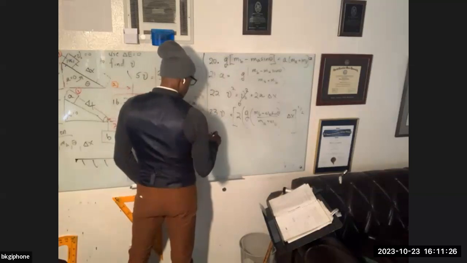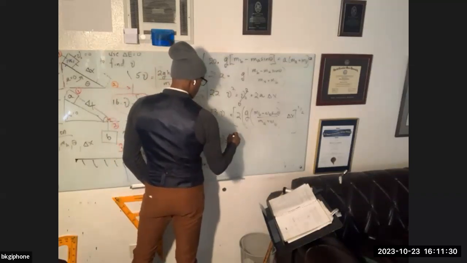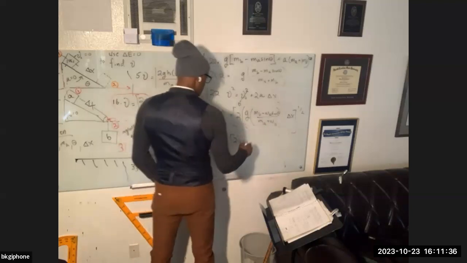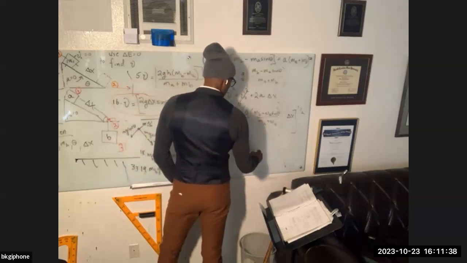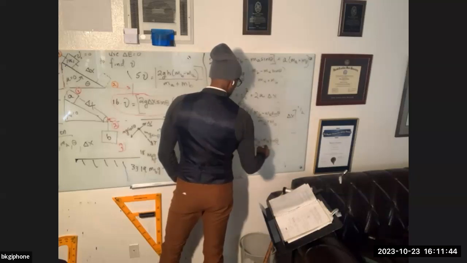So that becomes v is equal to, let's multiply that out, 2g delta x, and the only problem is (m_B minus m_A) sine theta over m_A plus m_B.